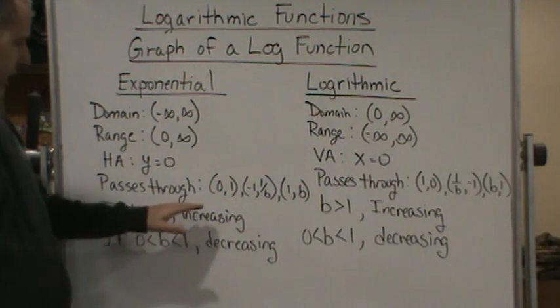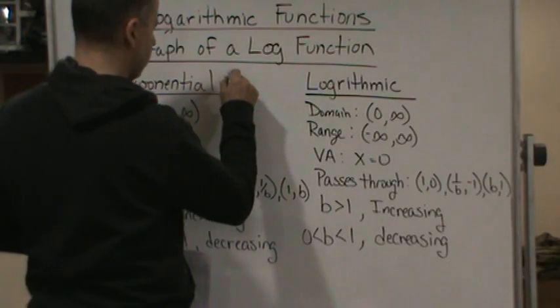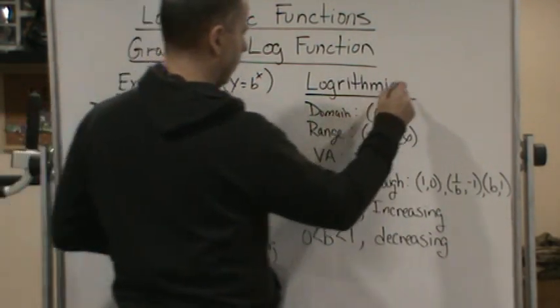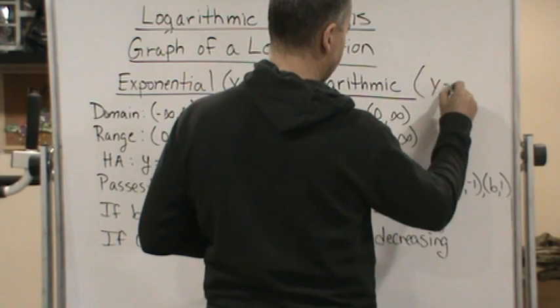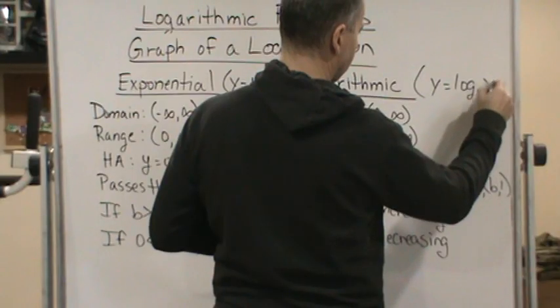Exponential functions will pass through the following points, but again, let me make sure that we understand this is y equals b to the x, and this is y equals log base b of x.